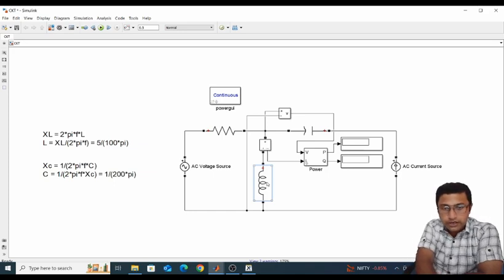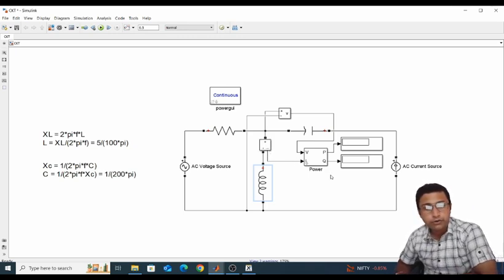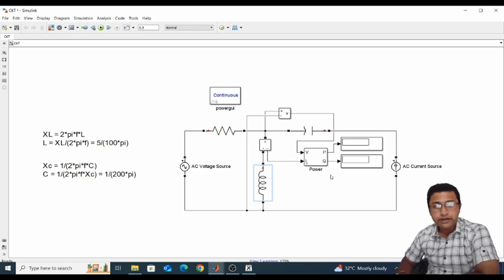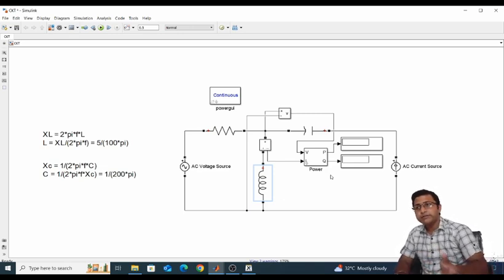I have connected a voltmeter across this load terminal to get the load voltage, and an ammeter connected in series with the load impedance to get the load current. Basically the load power will be the product of load voltage and load current. Here we can find only the active power, because maximum power transfer means the active power delivered to the load is maximum when the condition is ZL equal to ZTH.